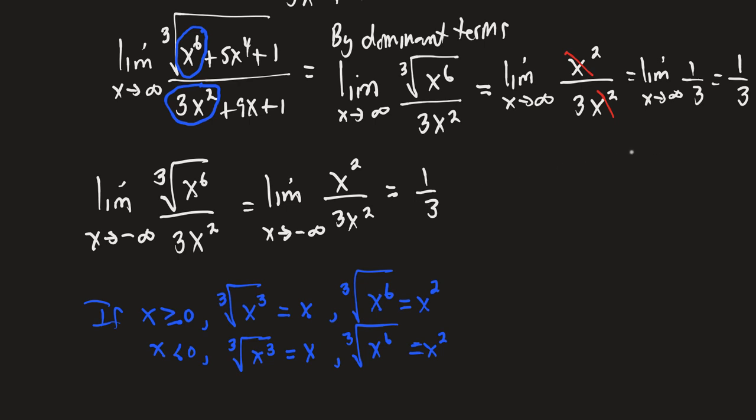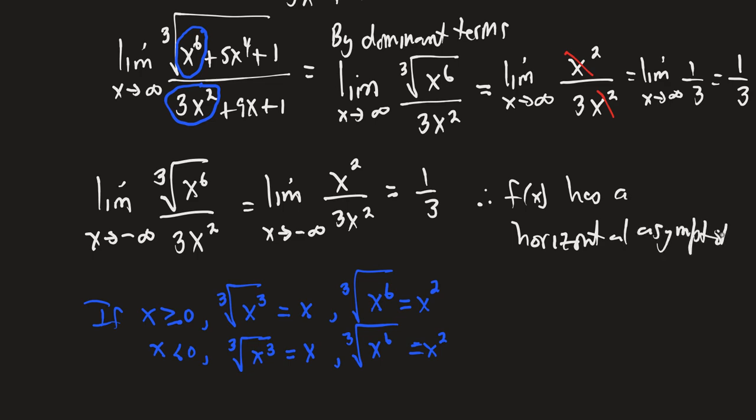So in this case, this function has only one horizontal asymptote. Therefore, f of x has a horizontal asymptote at y equals 1/3.